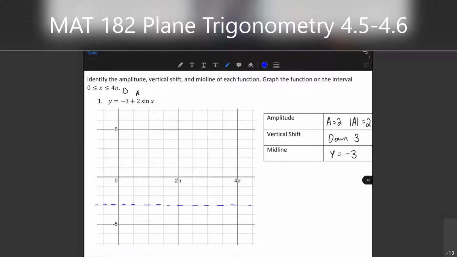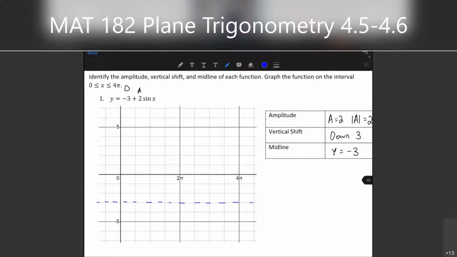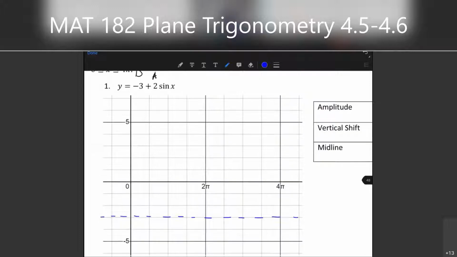I don't have any other shifts left to right, and so I'm just going to want to draw a sine curve. So if I worked with a sine function, that's the last thing I want to consider. Does the sine function start at the amplitude or the midline? Midline, right, because regular sine function starts at 0, right?